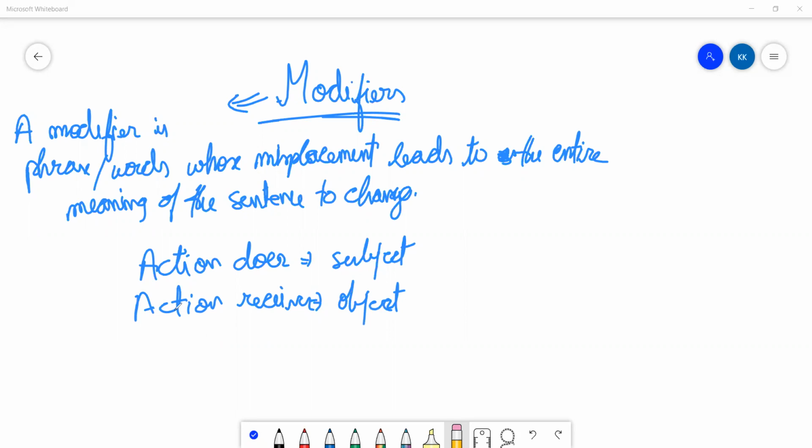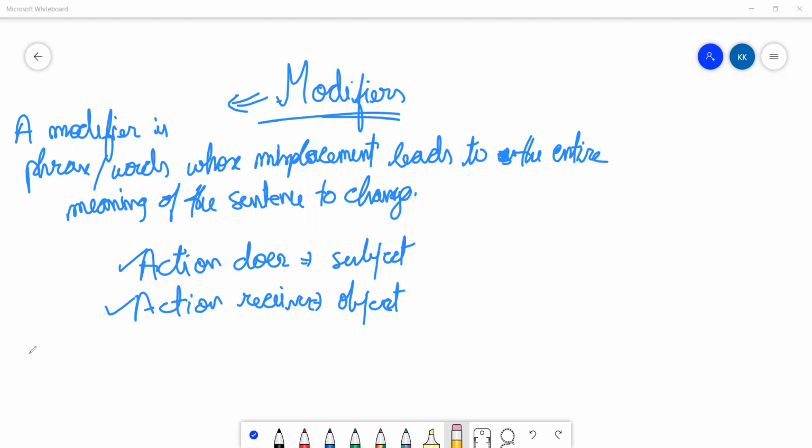There can be n number of them. But the point is the correct action should be received by the correct subject. With a modifier, the action is received by the wrong action doer.